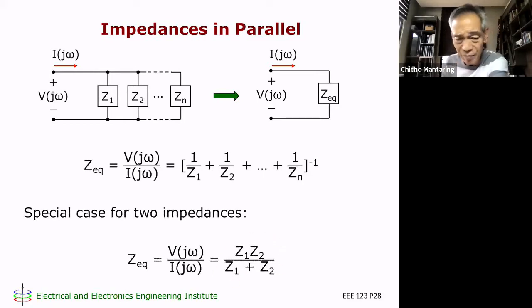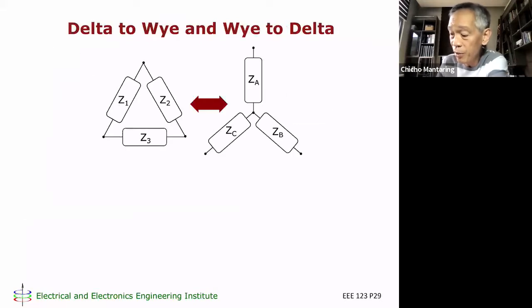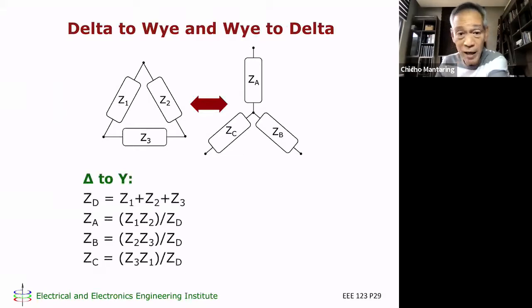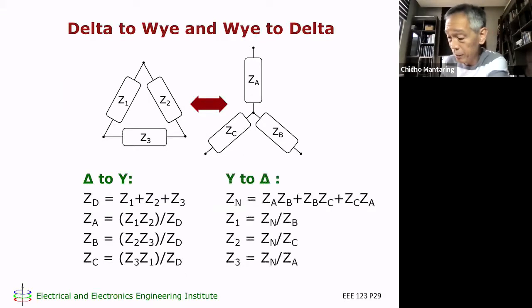So it's just like resistive networks. And then Y to delta and delta to Y, where I gave you these formulas. This is to simplify circuits where you cannot find elements in parallel or in series. Then you can do Y to delta and delta to Y.